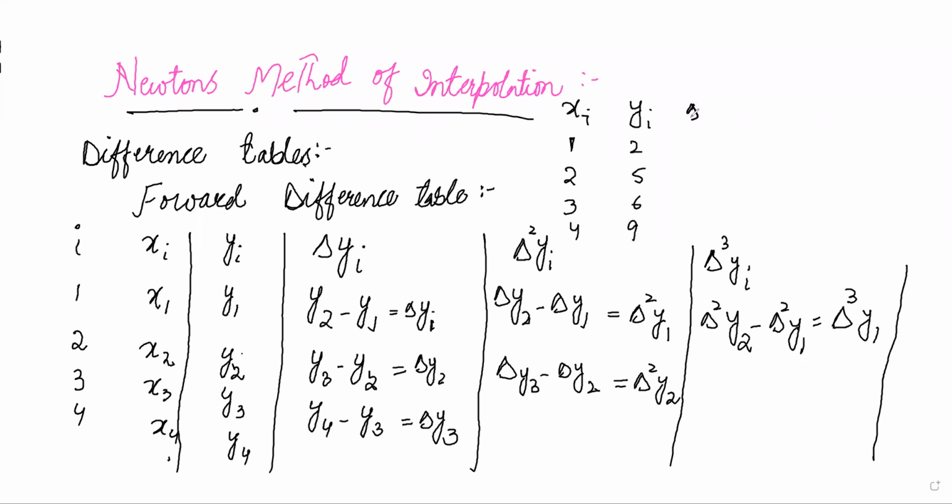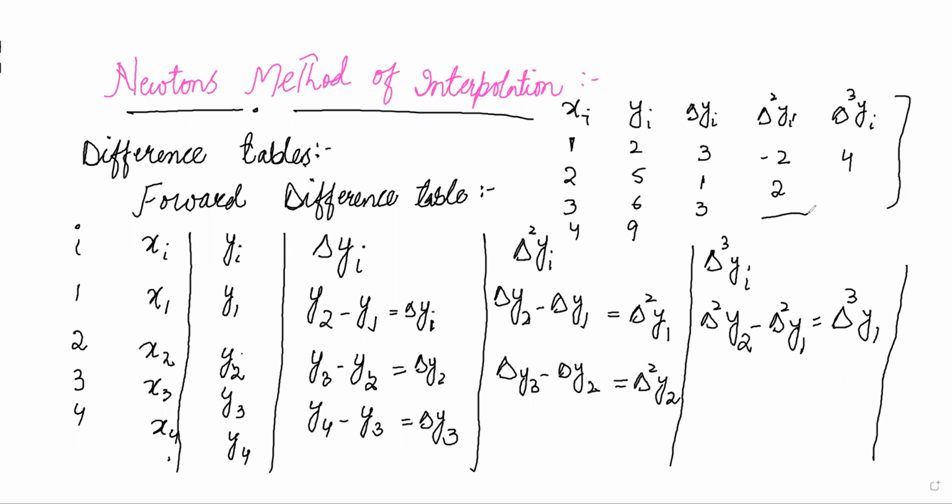Therefore, when we take the first difference, delta yi, the first is 5 minus 2 is 3, 6 minus 5 is 1, 9 minus 6 is 3. When we take the second difference, delta 2 yi, it will be 1 minus 3 is minus 2, and 3 minus 1 is 2. Then the third difference, delta 3 yi, will be 2 minus minus 2, that is 4. Here the forward difference table will stop.